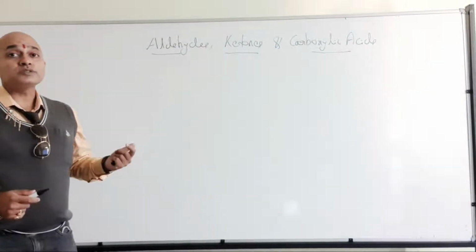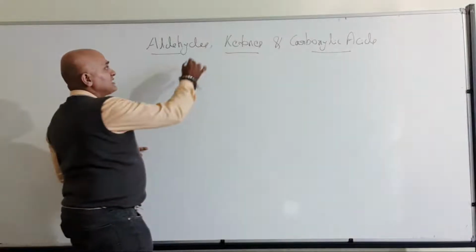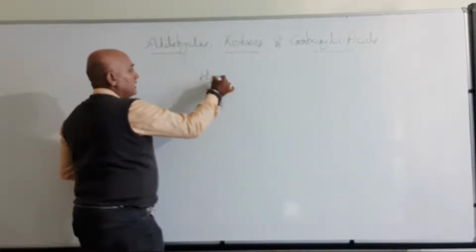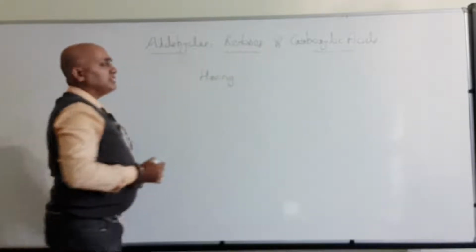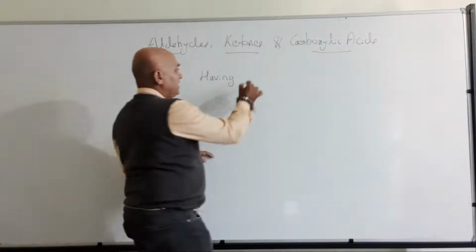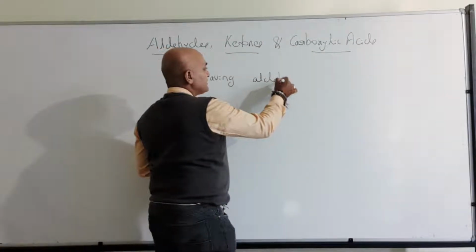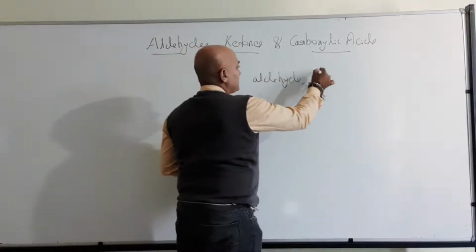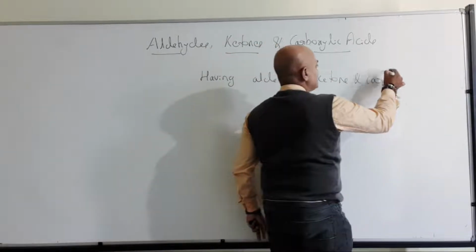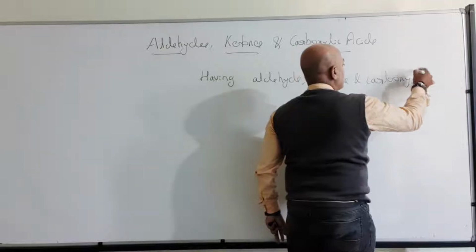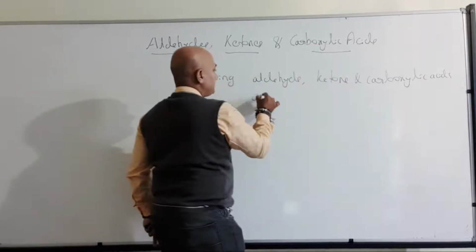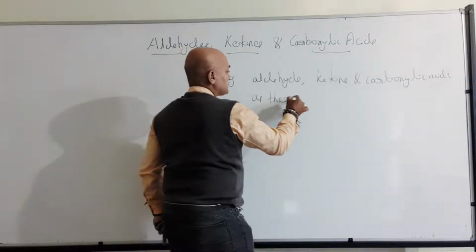So what are those? Naturally, these are organic compounds. That means this chapter is going to deal with the properties of those organic compounds having aldehyde, ketone and carboxylic acid as their functional groups.